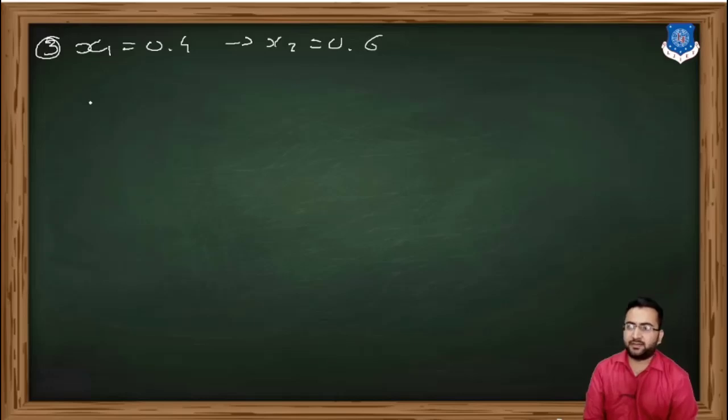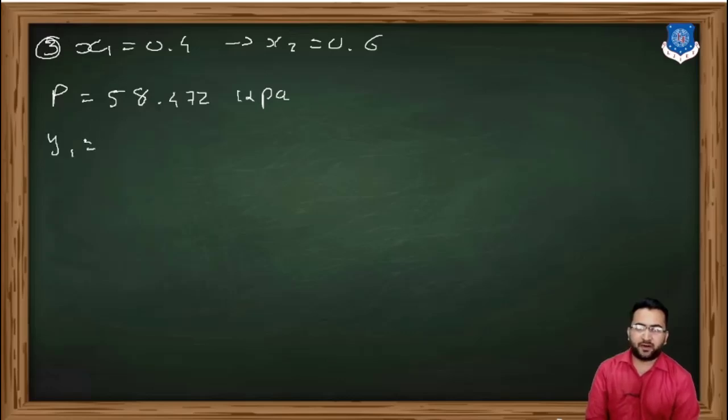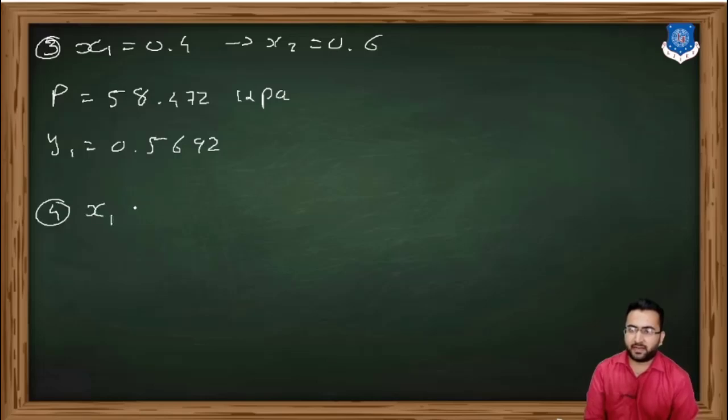Using the bubble point equation, we can find the pressure for 0.4, which becomes 58.472 kilopascal, and using Raoult's law, y1 becomes 0.5692.